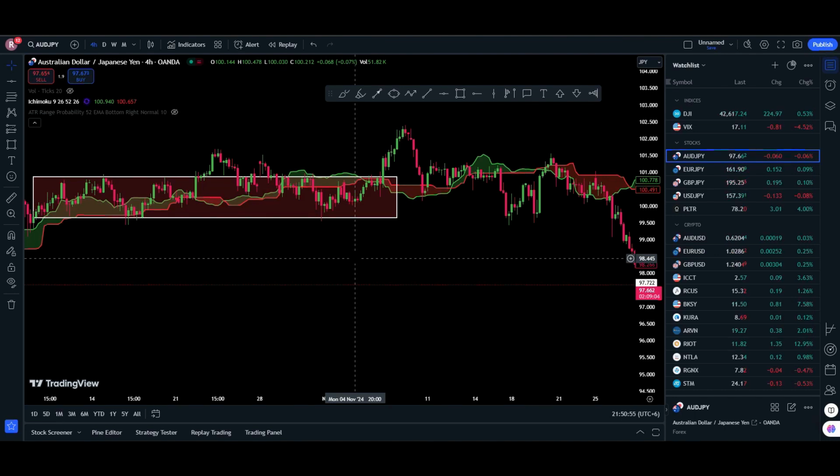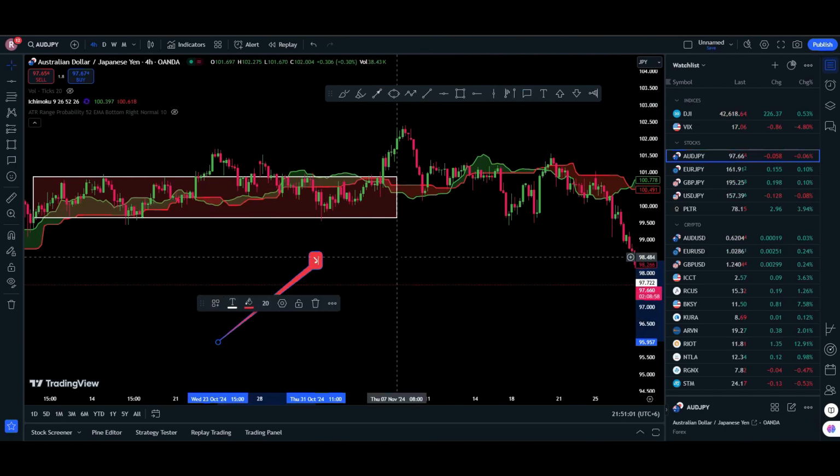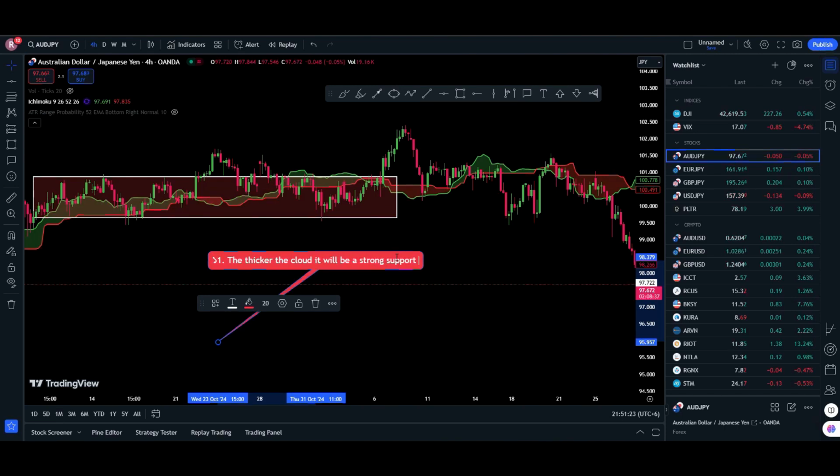We should write it down so you can note it down if you want to. One, the thicker the cloud, it will be a strong support or resistance.